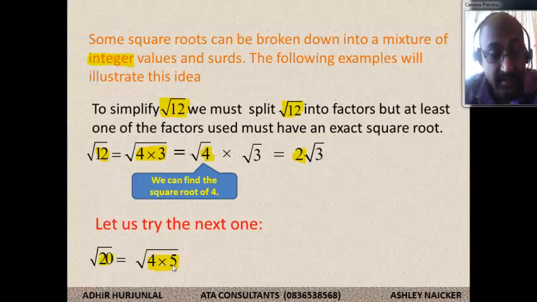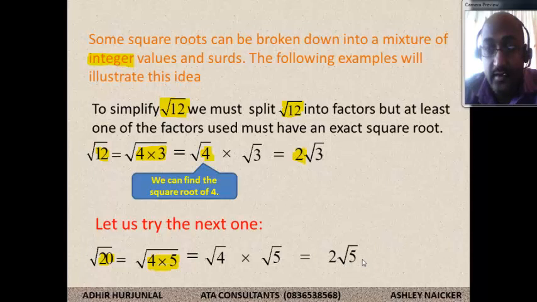The reason being, if I split this up, it becomes the square root of 4 multiplied by the square root of 5. And the square root of 4 is equal to 2. The square root of 5 I leave as that, so my answer becomes 2 root 5.